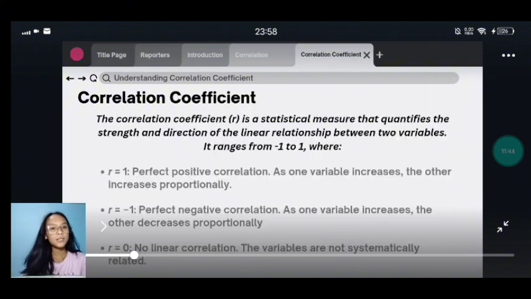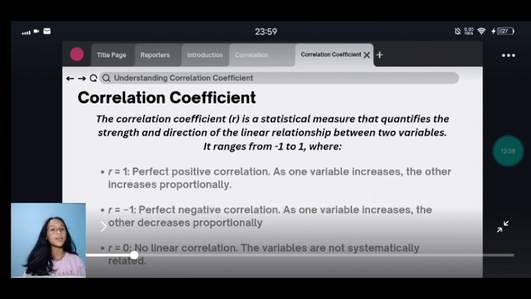The next one is the correlation coefficient. So kaganina atong gi-define ang correlation. Now let's move on to correlation coefficient. Or the correlation coefficient, represented by R, is a statistical measure that quantifies the strength and direction of the linear relationship between two variables.